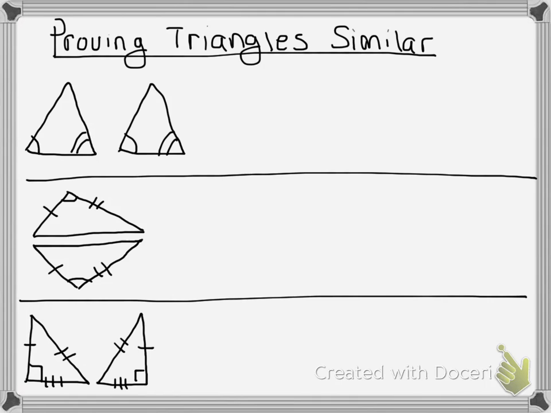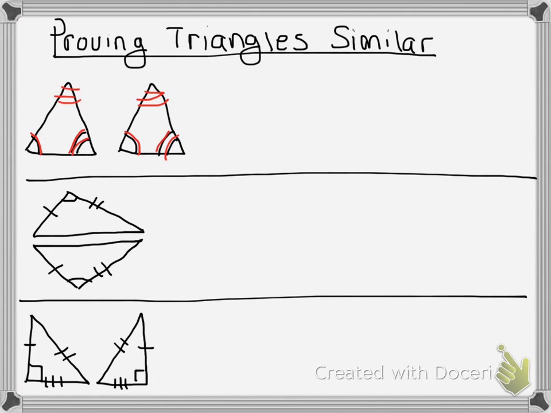The first one, you'll notice that we know that one pair of corresponding angles are congruent, and then another pair of corresponding angles are congruent. Now, once you think about triangles, they add up to be 180 degrees. So, if you know that two pairs of corresponding angles are congruent, you can assume and know that the third angle is congruent as well.